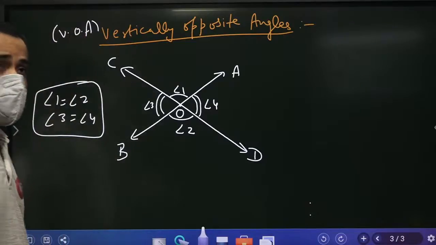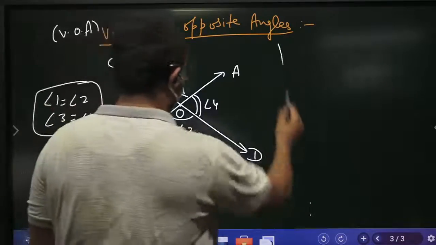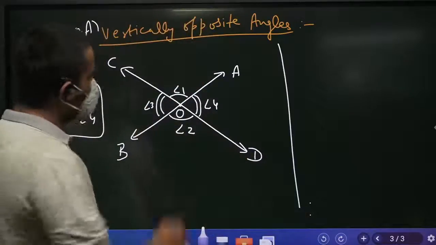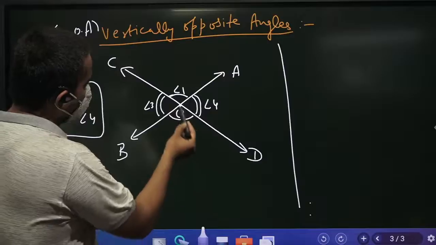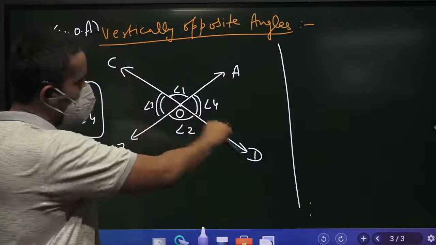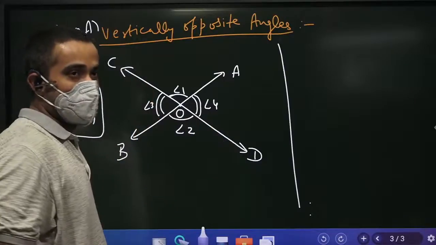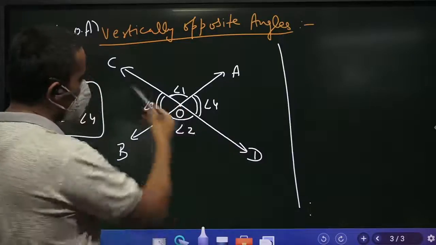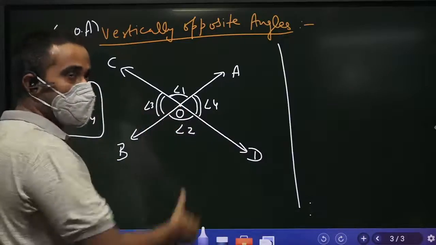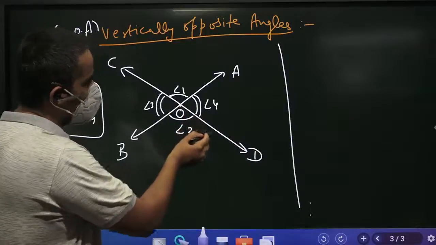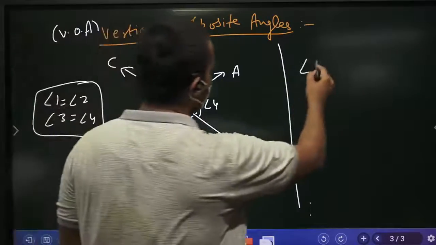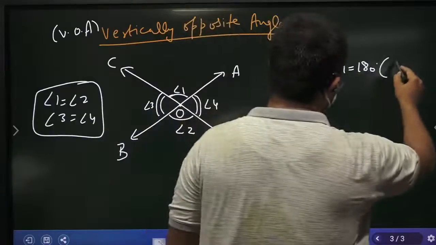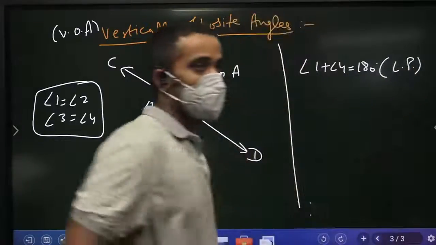So how can we prove it? Yes, friends, you can prove it again from linear pair. See this line CD. On line CD, OC is pointing this side and OD is pointing this side: a common initial point, two uncommon arms pointing opposite to each other. So angle 1 plus angle 4 sum will be 180, a linear pair of angles.